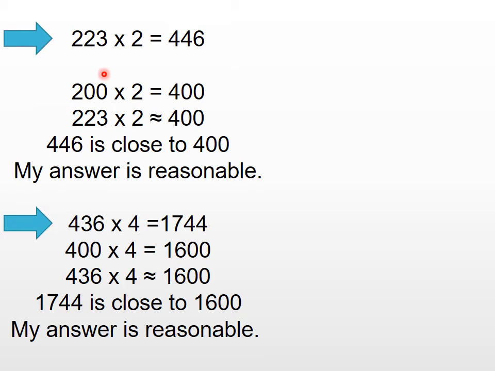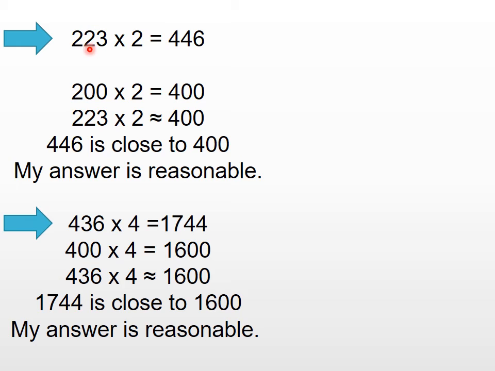Whenever there are zeros, it's really easy to multiply the numbers. So 200 multiplied by 2 is 400.